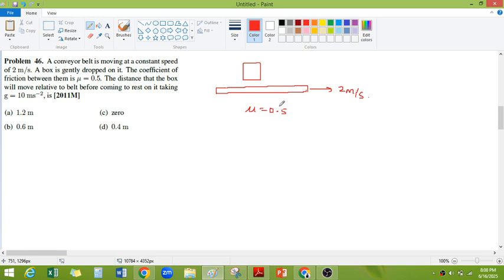There is no acceleration. So F forward minus the friction.